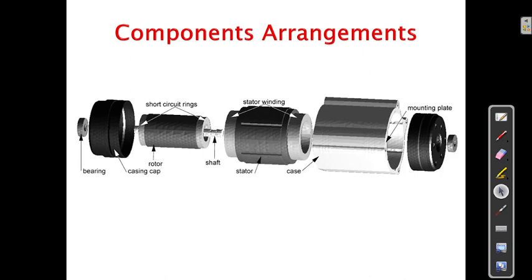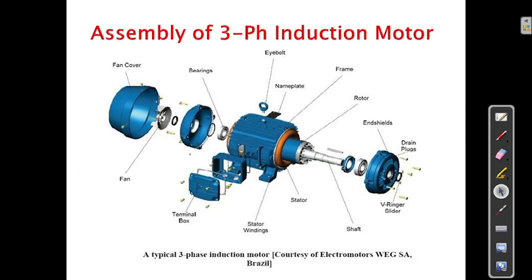See, here there are two bearings, here and here, and this is the mounting plate. This one is the case. Here it is the rotor, and this is the stator, and this is the stator winding. This is the shaft and the short rings. Here it is the rotor, and this is the casing cap. The inside of the components will be like this.